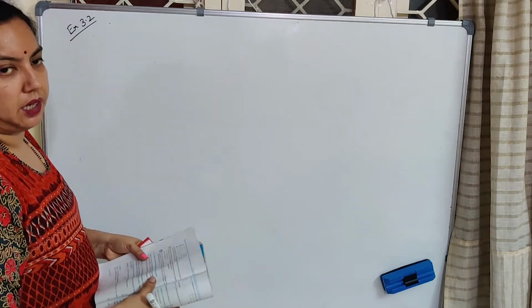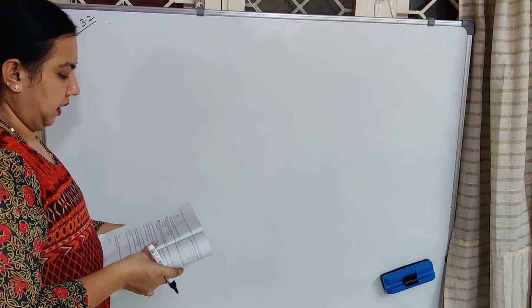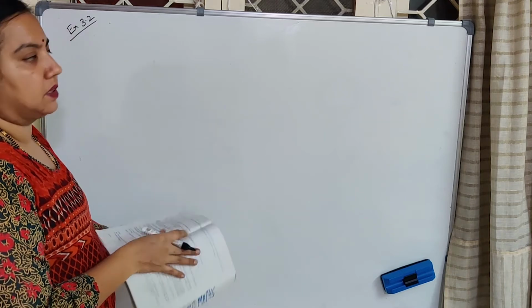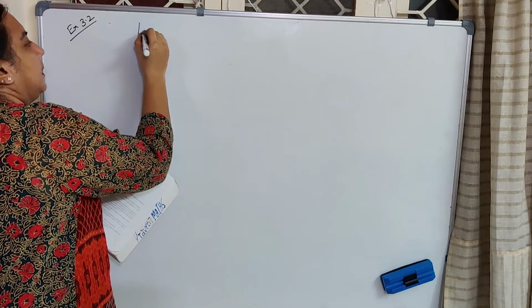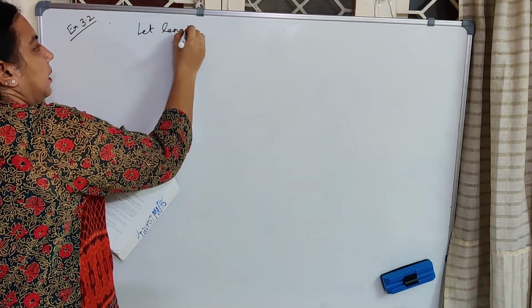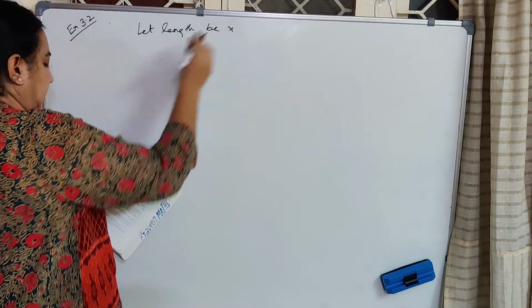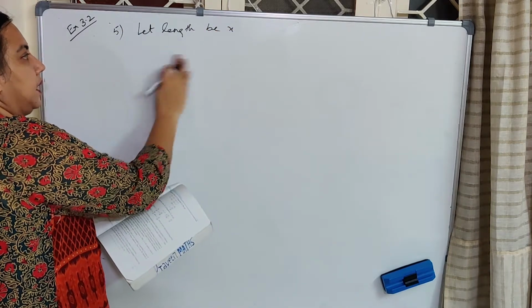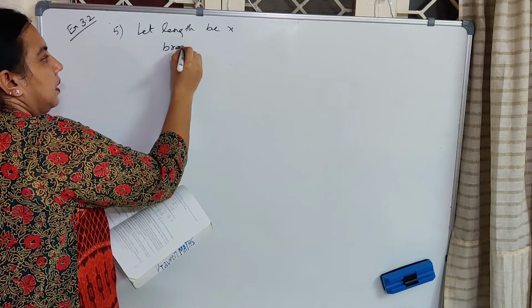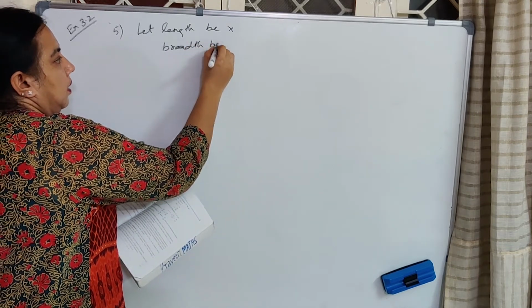We have to make the equations here. First, the length is 4 more than its width. So let the length be x and the breadth be y.